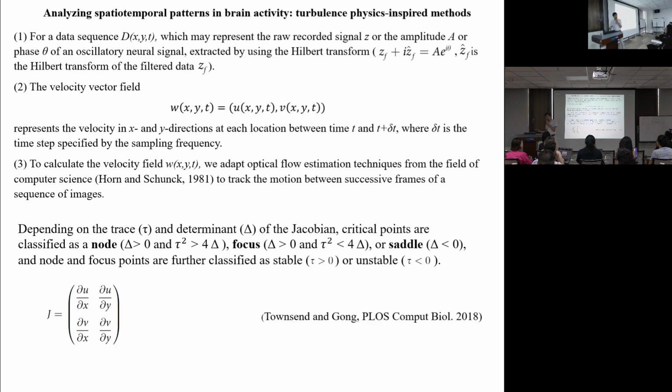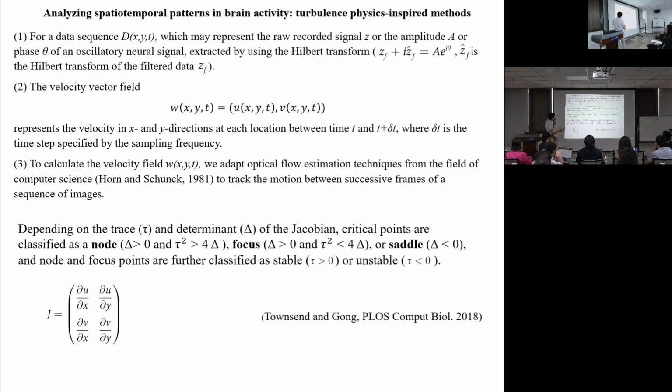Of course, you can use other methods to extract phase. Here, with the Hilbert transformation in our methods, we can extract the phase or the analytical amplitude of those oscillations. And then, to adapt some methods from turbulence, we come up with a velocity field, with velocity in the x direction and the y direction.